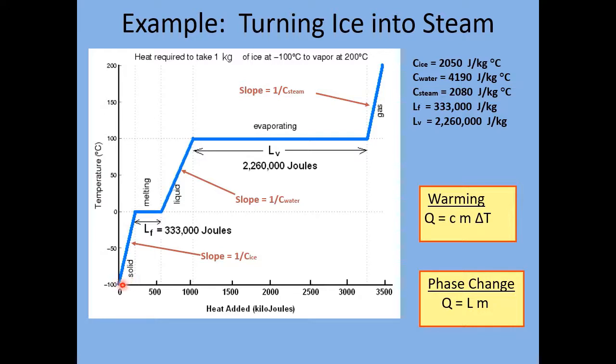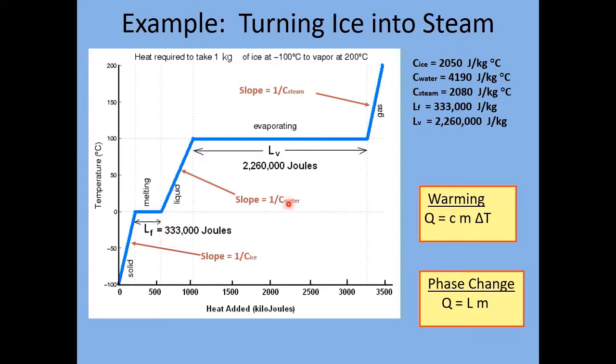We start adding heat, and so the ice warms up as we add heat. Once we get to 0 degrees Celsius, we've reached the melting temperature of ice, but the ice doesn't just all of a sudden turn into water at this temperature. Instead, we have to pump in heat called the heat of fusion that melts the ice. So this is a phase change here.